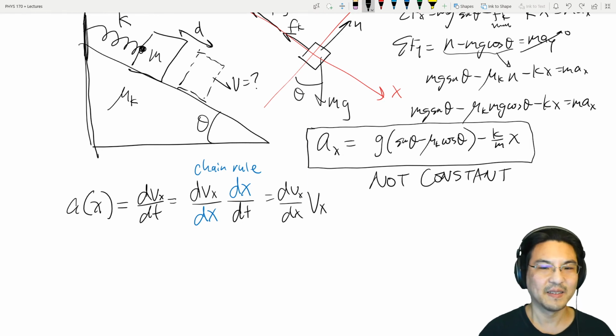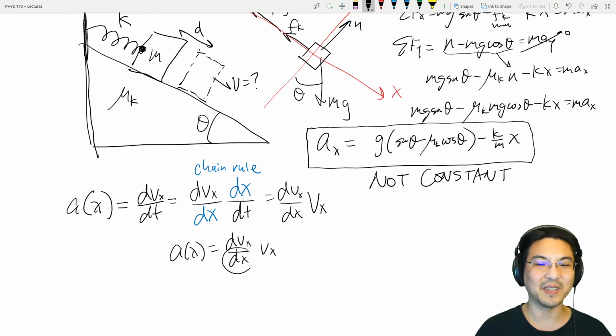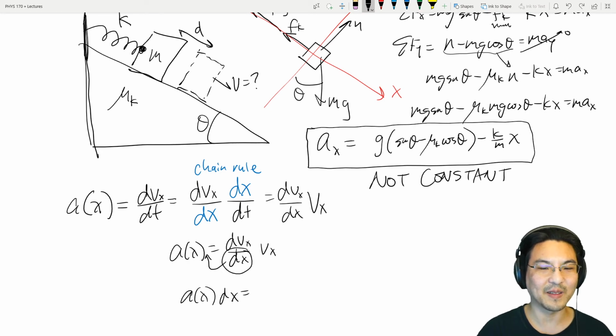Okay, so let me just rewrite it. Okay, let's do separation of variables. See dx, I'll move it on this side, and then over here, that's the leftovers. Now let's integrate.